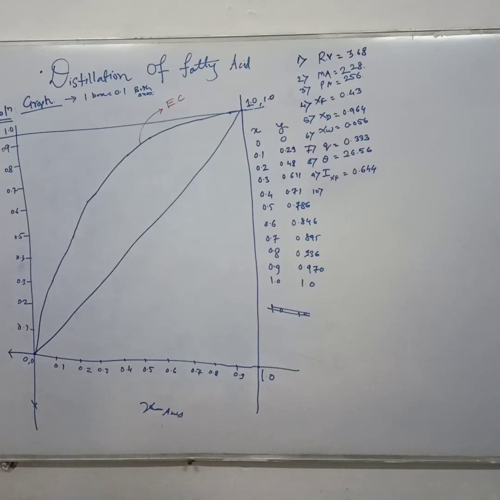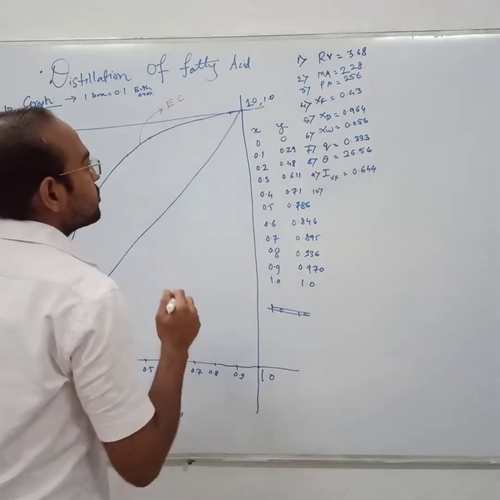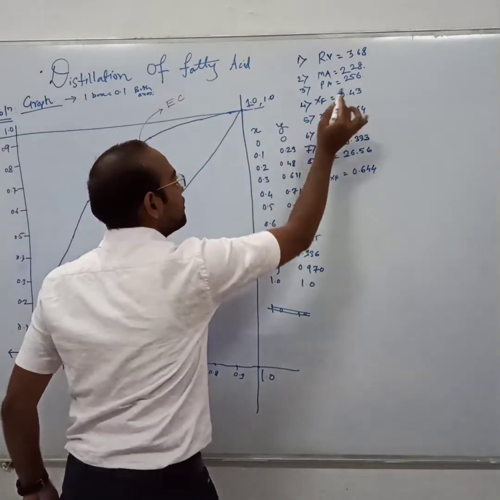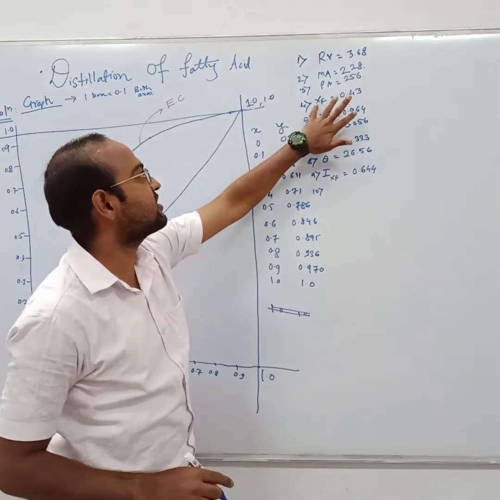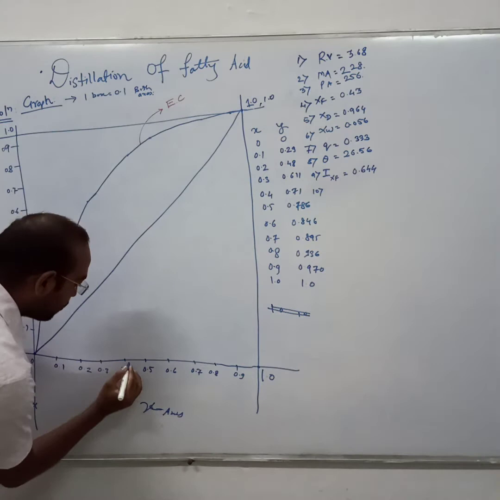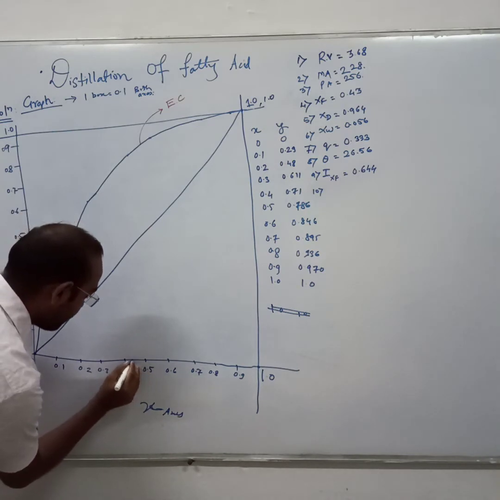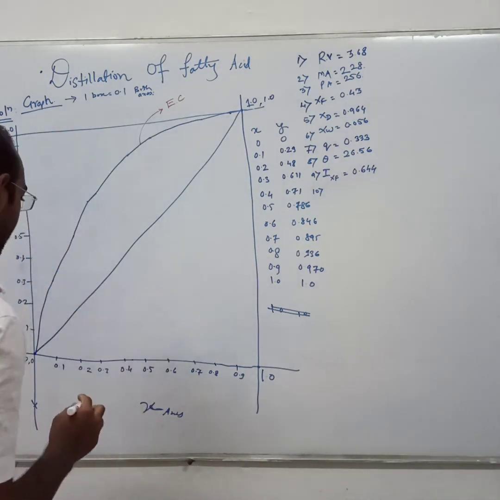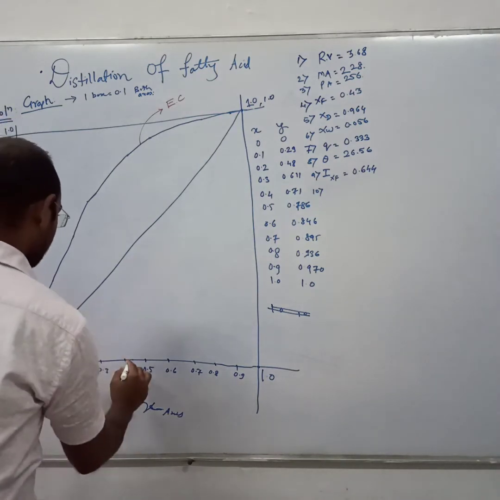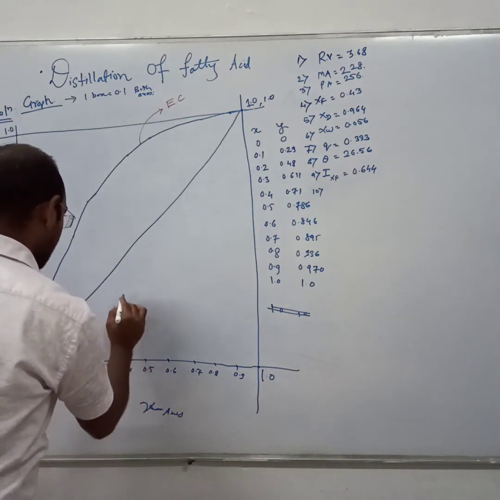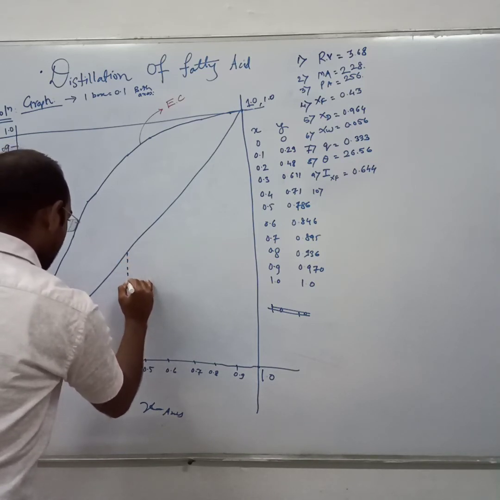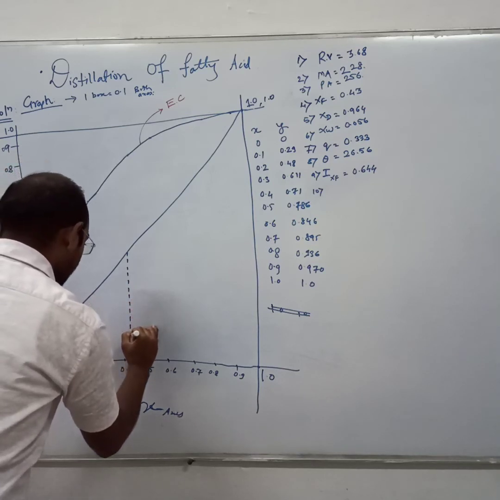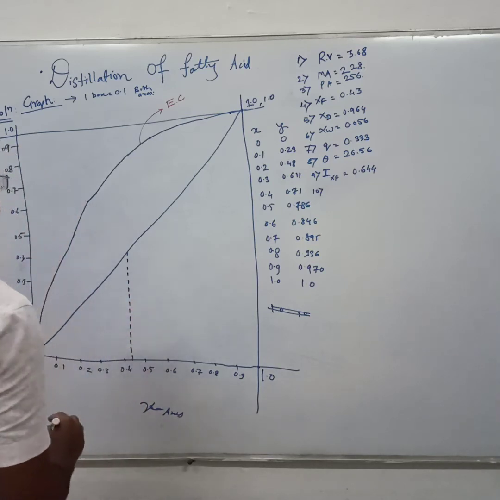Now we are plotting the points XD and XW. Before that, XF is 0.43. So XF 0.43 means we are talking about the x-axis, somewhat here. Here is our XF point, and we just draw one straight vertical line towards our operating line.